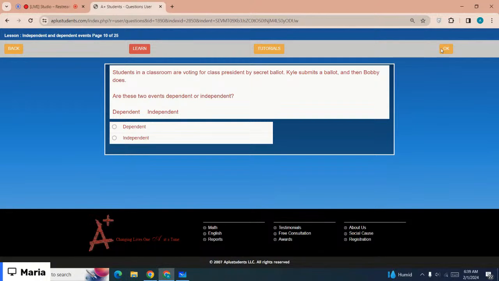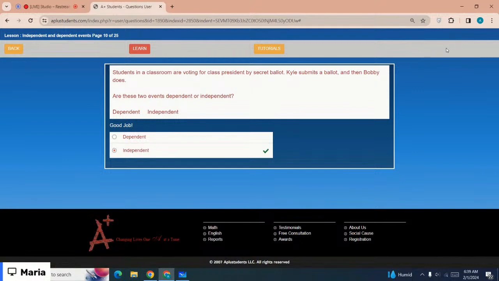The correct option is independent, because that's a secret ballot, right? No one knows the choice of the other one, and you can select any of the choices given, so they are the independent events, right?